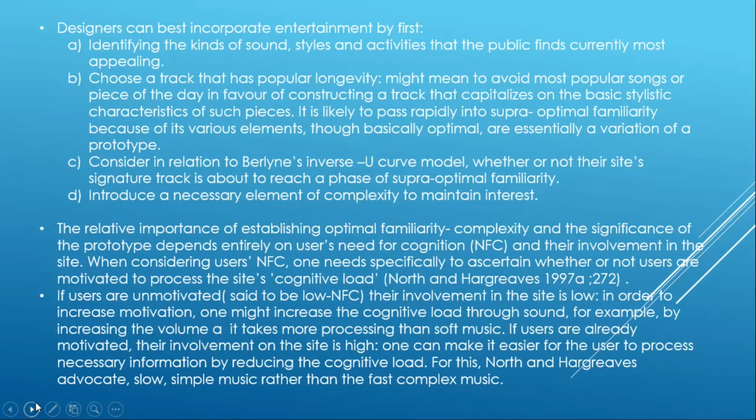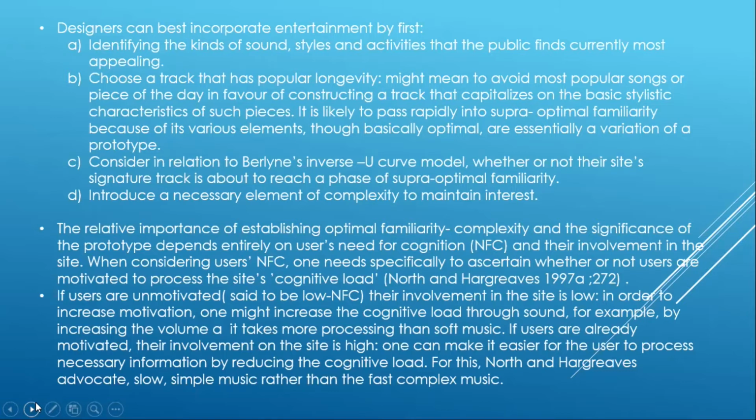Considering a relation to Berlyne's inverted U curve model, whether or not the site's signature track is about to reach a phase of supraoptimal familiarity, introduce a necessary element of complexity to maintain interest.